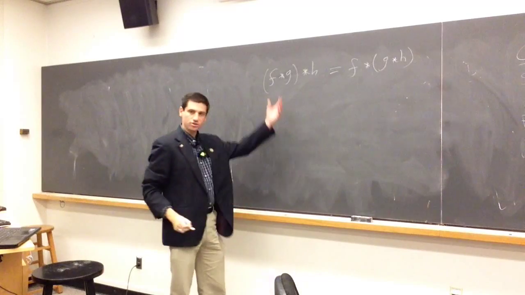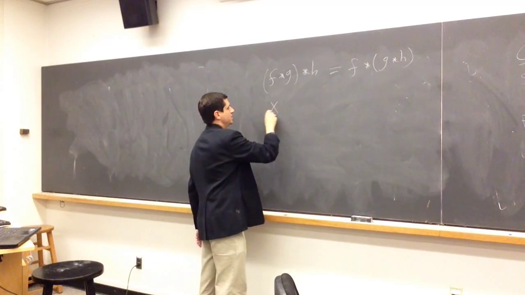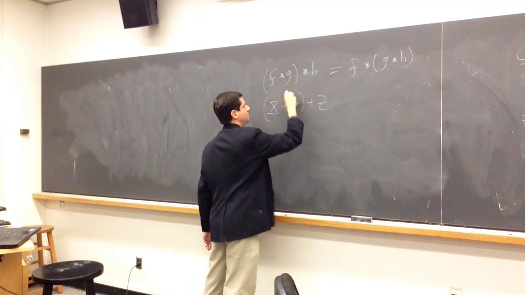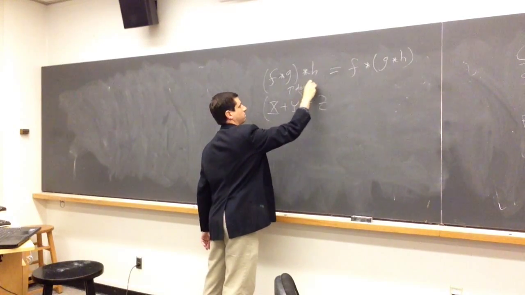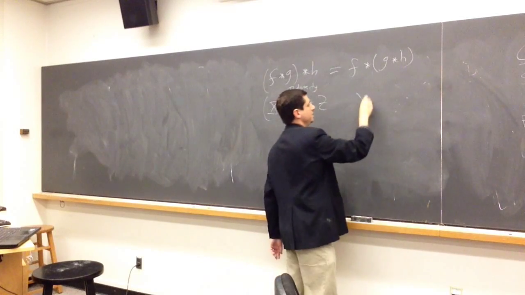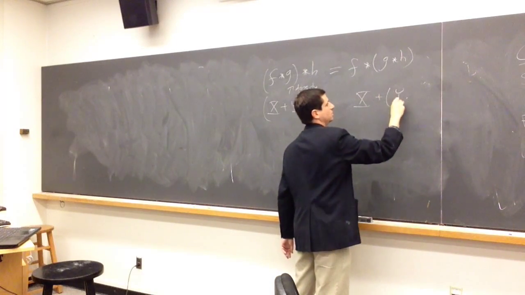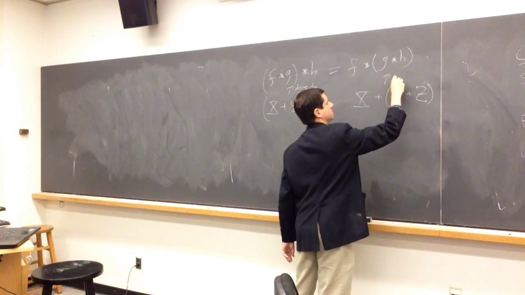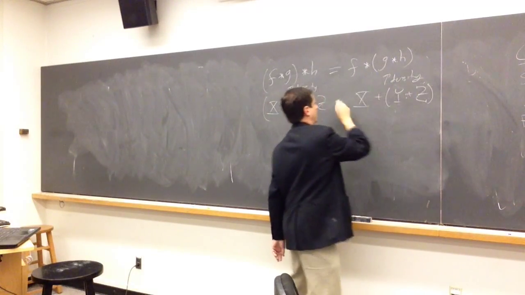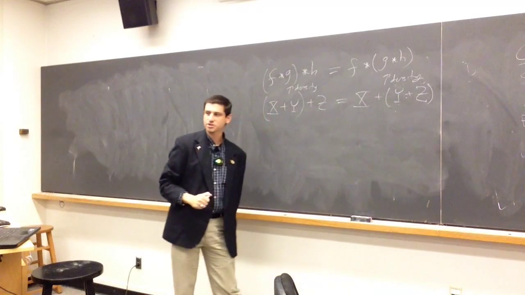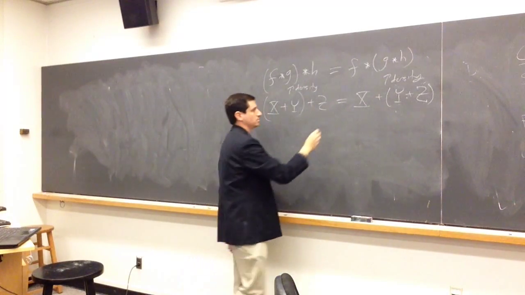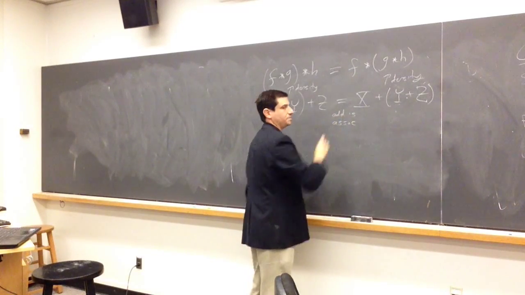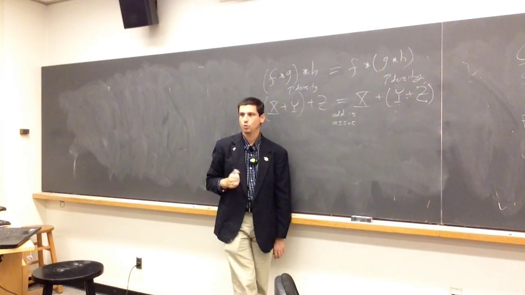What's the interpretation here? This side is the density of x plus y plus z, and the other side is also the density of x plus y plus z. And these are equal because addition is associative. Wonderful.